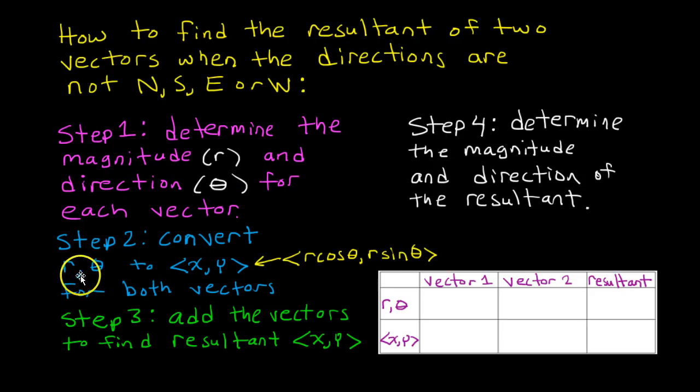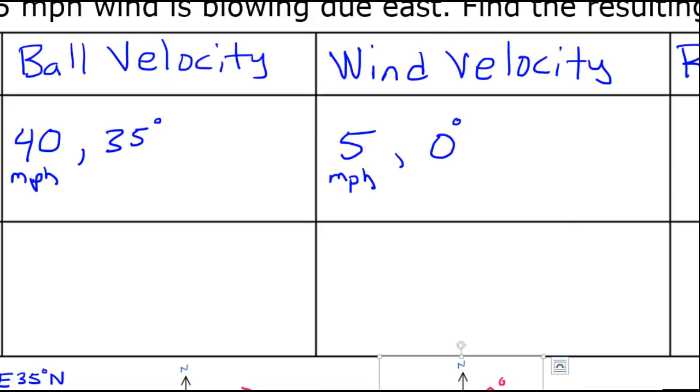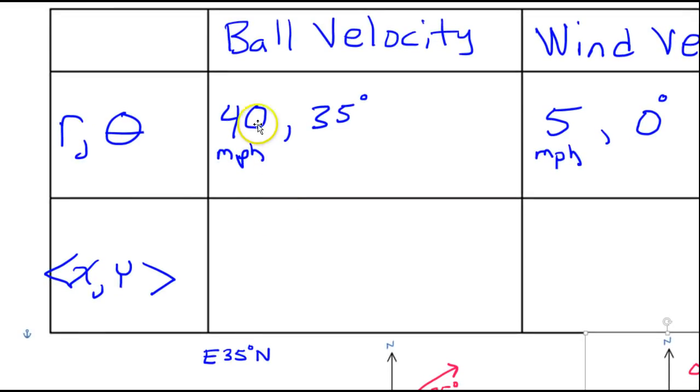Step 2, convert the magnitude and direction to component form. Using this little formula, r cosine theta and r sine theta will give you the horizontal component and the vertical component. R cosine theta, r sine theta. Okay, and remember, this is r, this is theta.